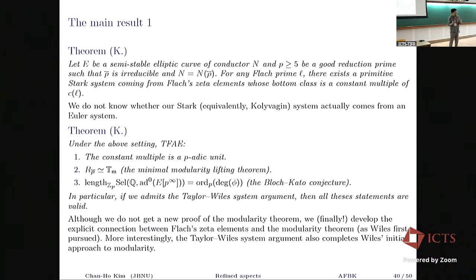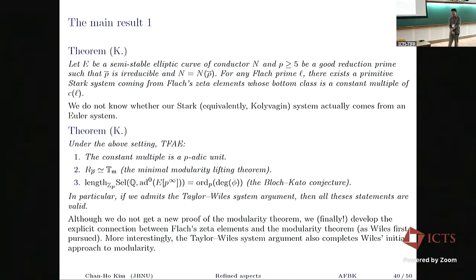I first felt it's a bit strange because I first believed every Kolyvagin system should come from an Euler system, but it is not the case. So I just have no idea. That's the thing I don't know very well. Maybe we can talk more.